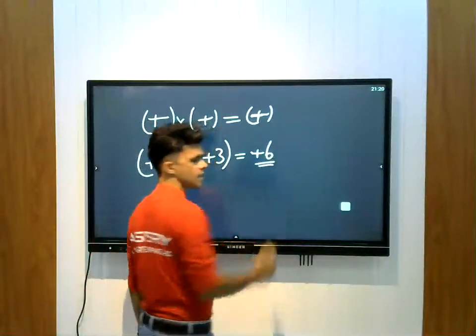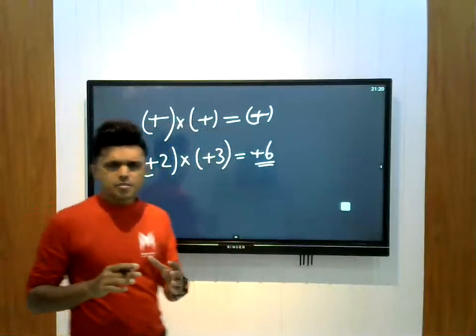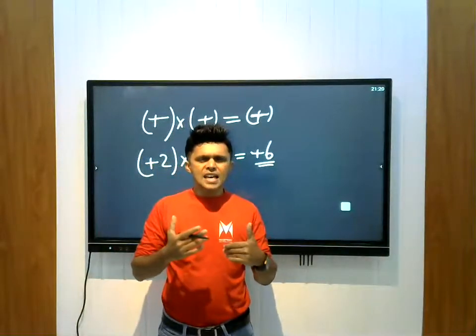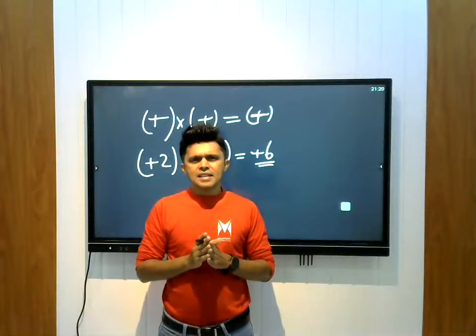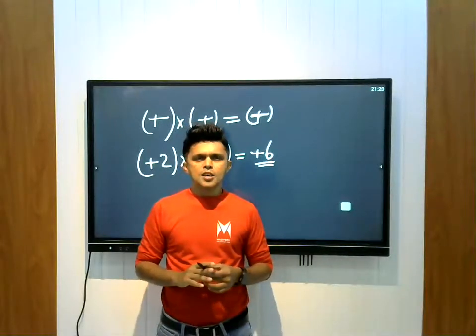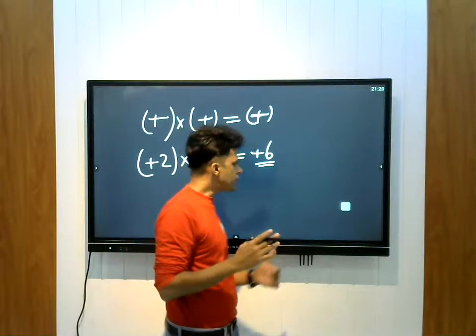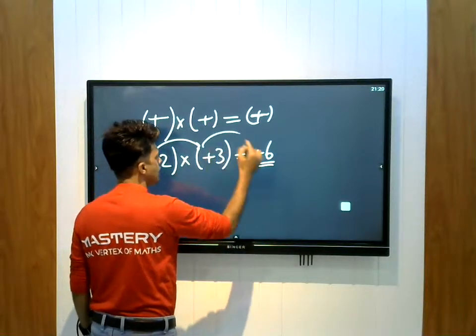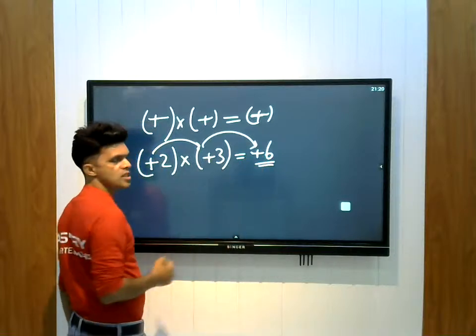The answer is plus 6. Here's the concept. You can't question how it takes. Plus into plus is plus, then the sign is plus, 2 times 3 is 6.